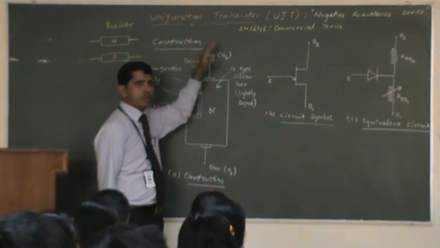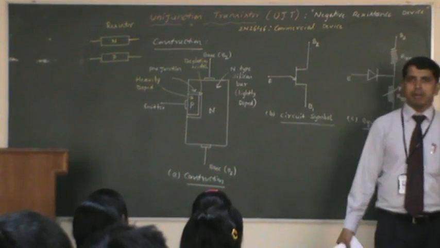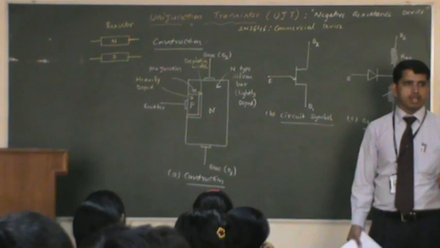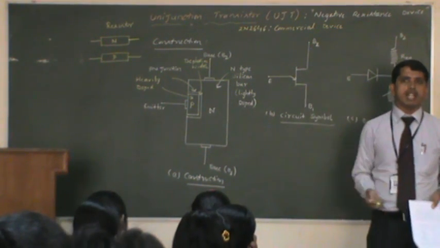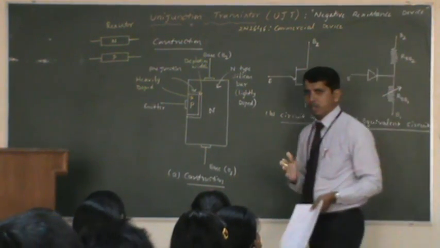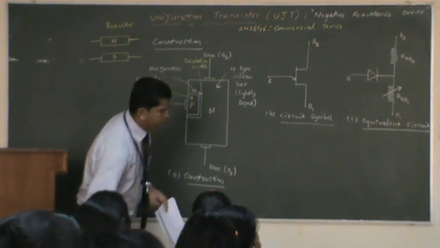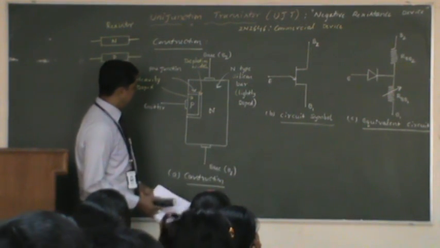You have already studied the relaxation oscillator in the laboratory, which is the op-amp as a relaxation oscillator, experiment number 5. Remember that. Here we are studying the UJT as a relaxation oscillator, but in the laboratory we have the op-amp as a relaxation oscillator. The major circuit operation remains the same, the only thing is we replace the op-amp by the UJT. Any questions about this construction?